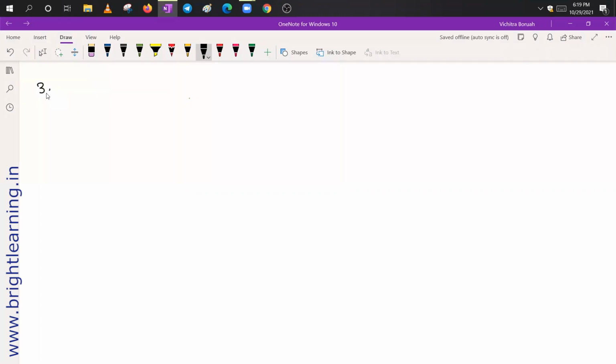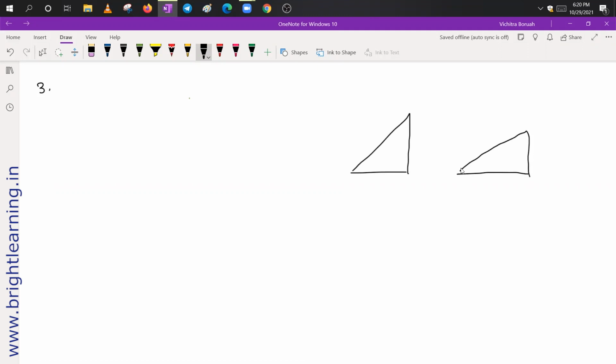What should be the length of this slide in each case? Okay. So now, according to this question, a contractor wants to make 2 slides. Suppose this is one slide and this is another slide.